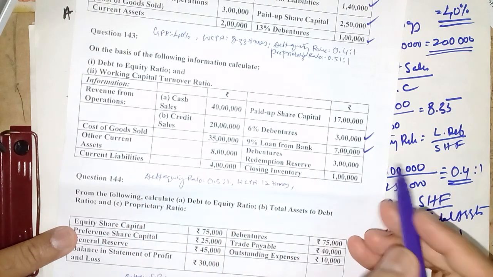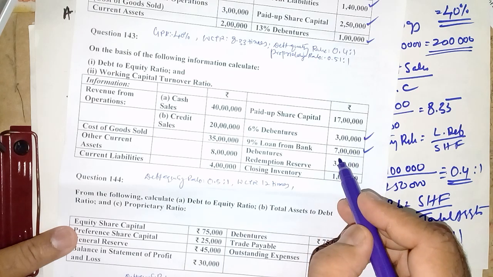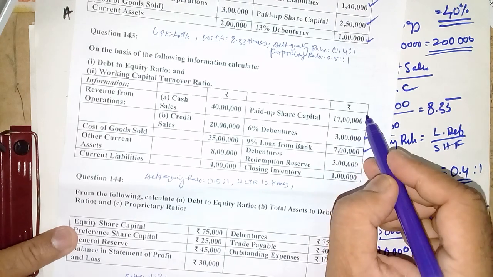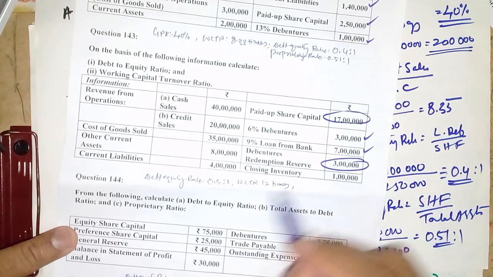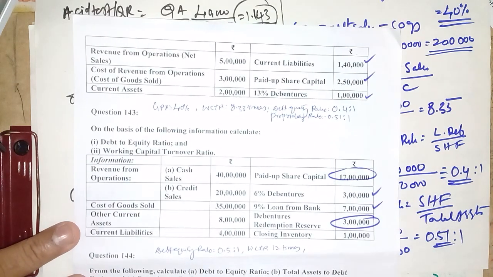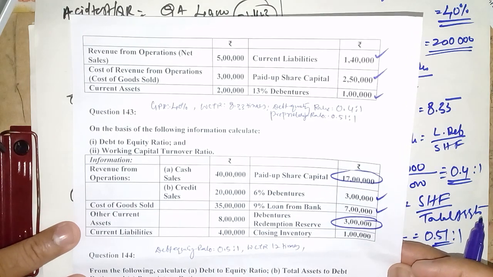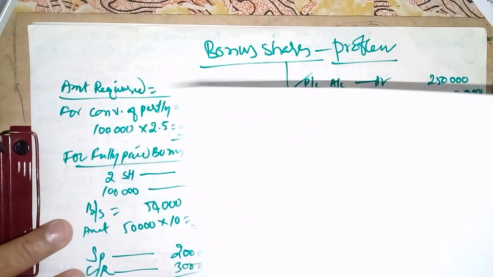The summation of debentures plus 9% loan comes to 10 lakhs, divided by shareholders fund. Shareholders fund is equal to share capital plus debenture redemption reserve. These two come under shareholders fund.